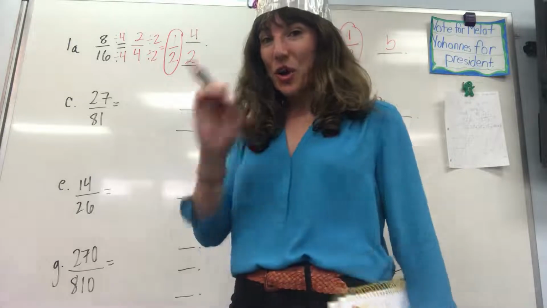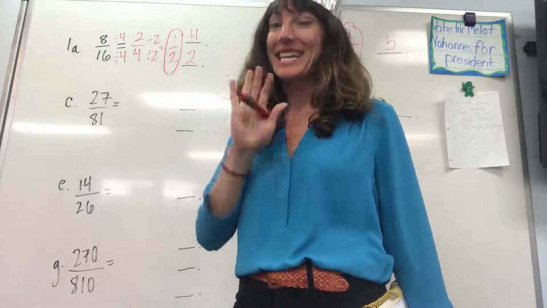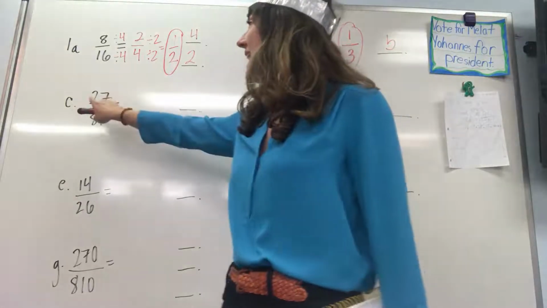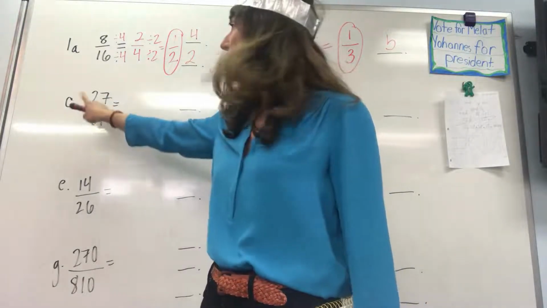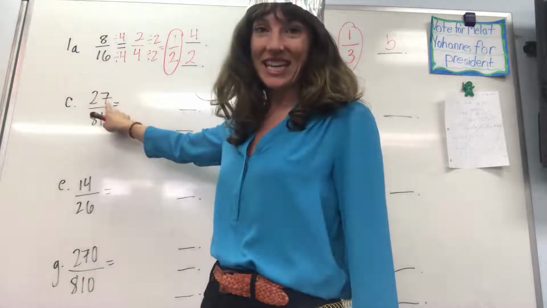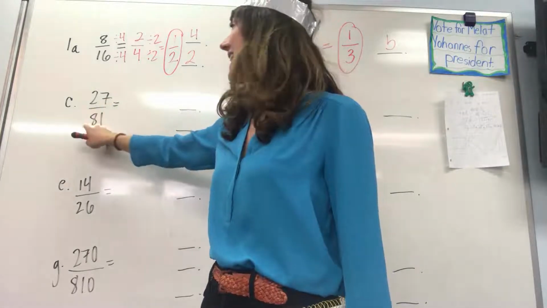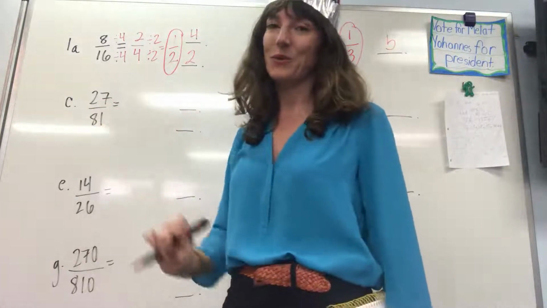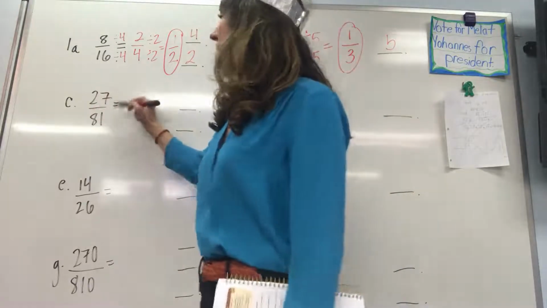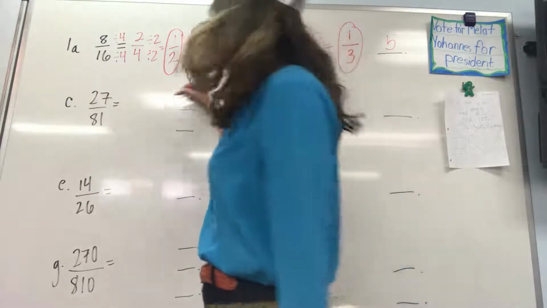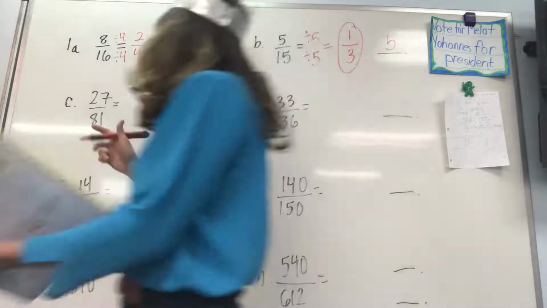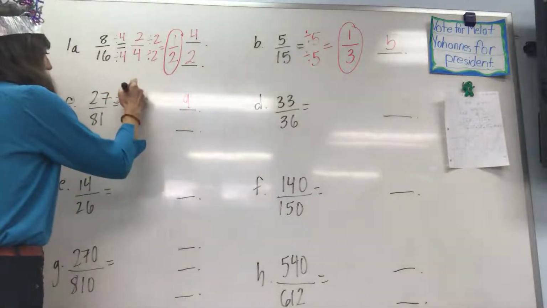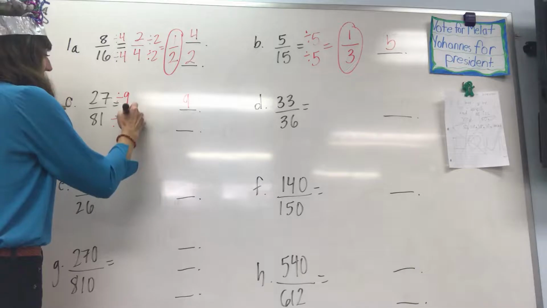27 and 81 are both divisible by 9. Remember, if you take the single digits and add them together, 2 plus 7 equals 9, and 8 plus 1 equals 9. So top and bottom are divisible by 9. Here we go, dividing by 9, dividing by 9.